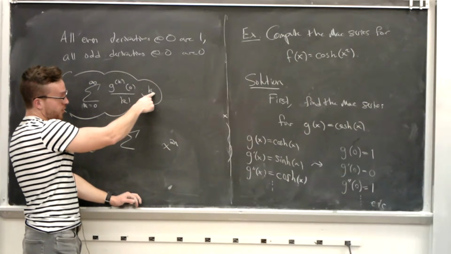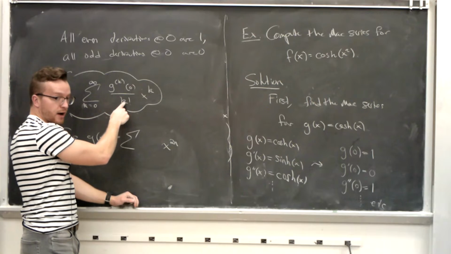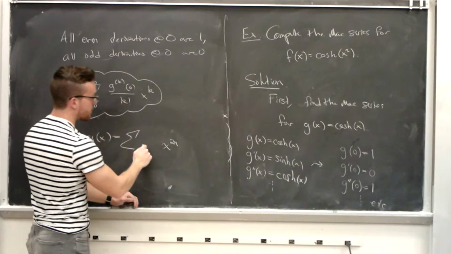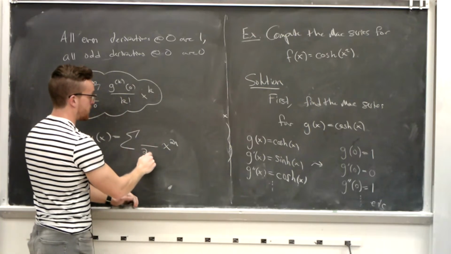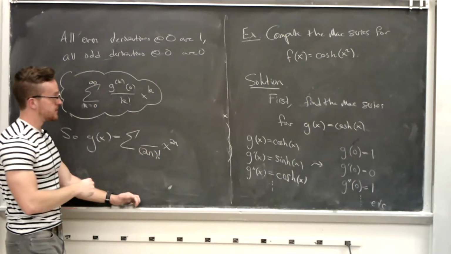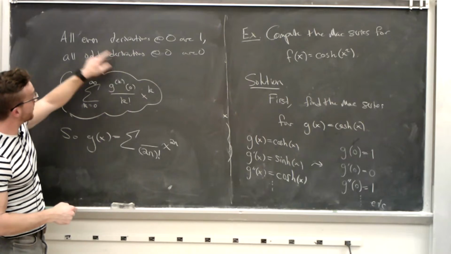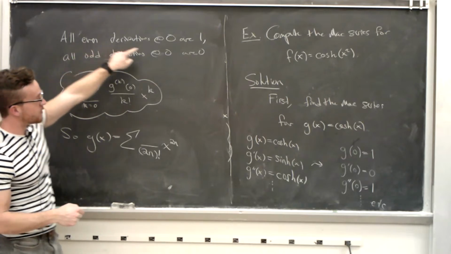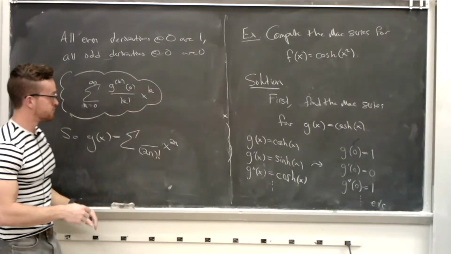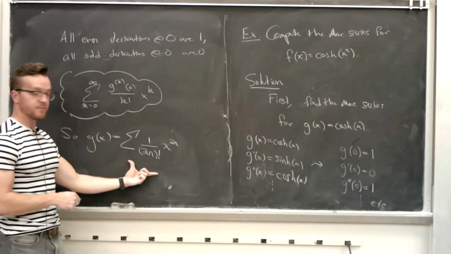Now, whatever power I'm looking at, I always get that power factorial down here. And then what is this relevant derivative? All even derivatives are 1. So I put a 1 there. There you go.